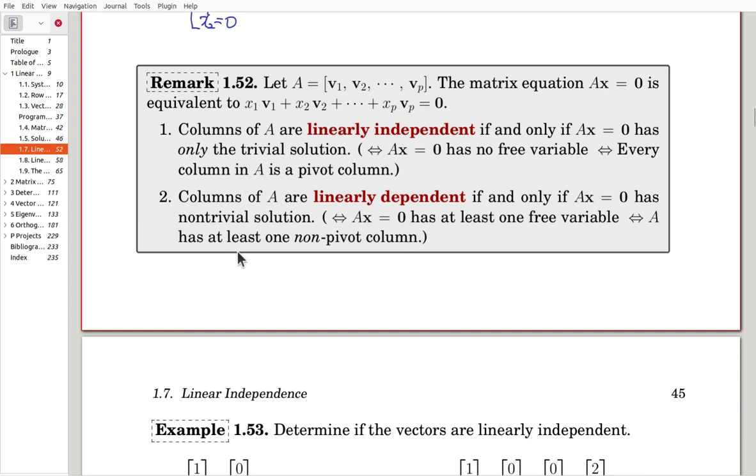A has at least one non-pivot column. Once A has at least one non-pivot column, then the corresponding column is a free variable, right? So all three are equivalent.